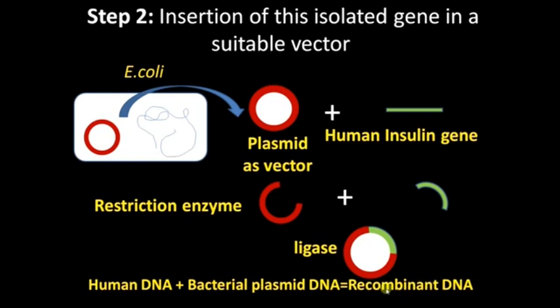A recombinant DNA molecule is a DNA molecule whose parts are from different sources. You can see right here we have a recombinant DNA molecule with human DNA and bacterial plasmid DNA mixed together. So recombinant DNA molecule is just a recombined DNA molecule from different organisms. So second step is over. We have inserted our human insulin gene into a vector.